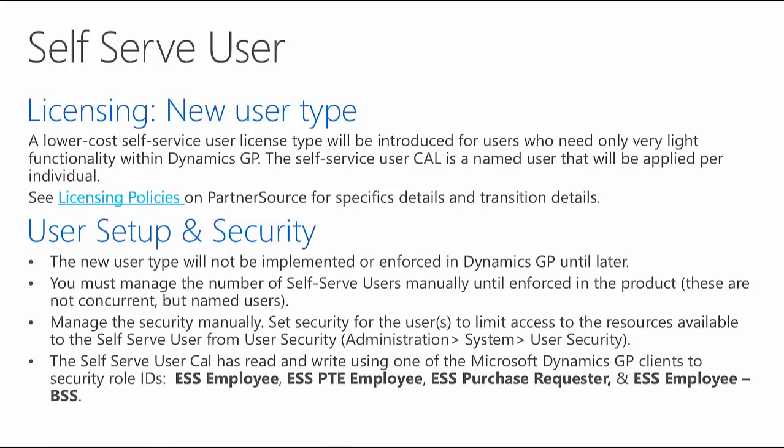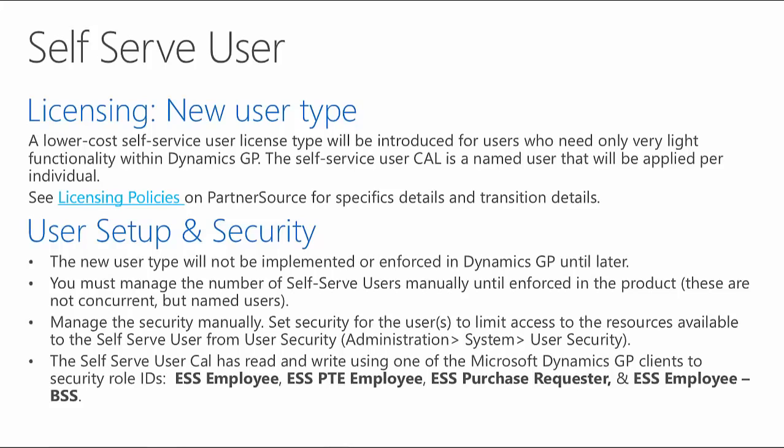You'll want to see the licensing policies on PartnerSource for specific details and transition information. The new user type will not be implemented or enforced in Dynamics GP until later. For that reason, you must manage the number of self-serve users manually until it's enforced in the product. Remember, these are not concurrent but named users. You'll want to manage the security manually.